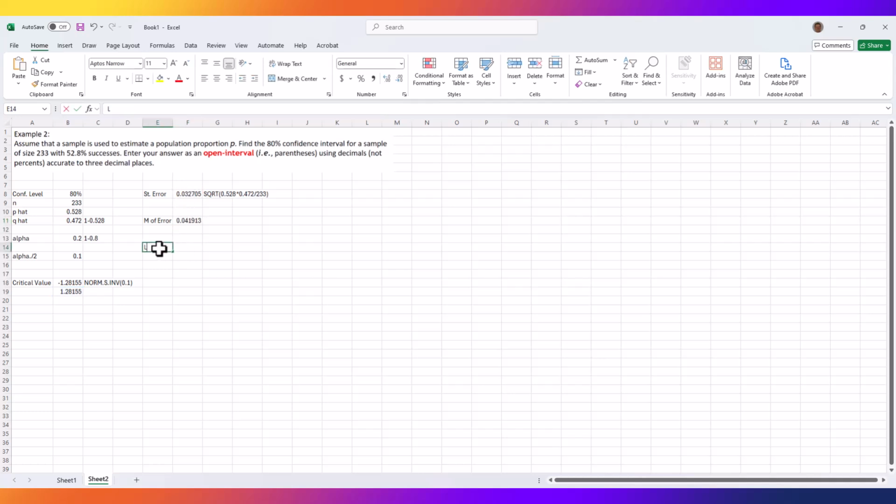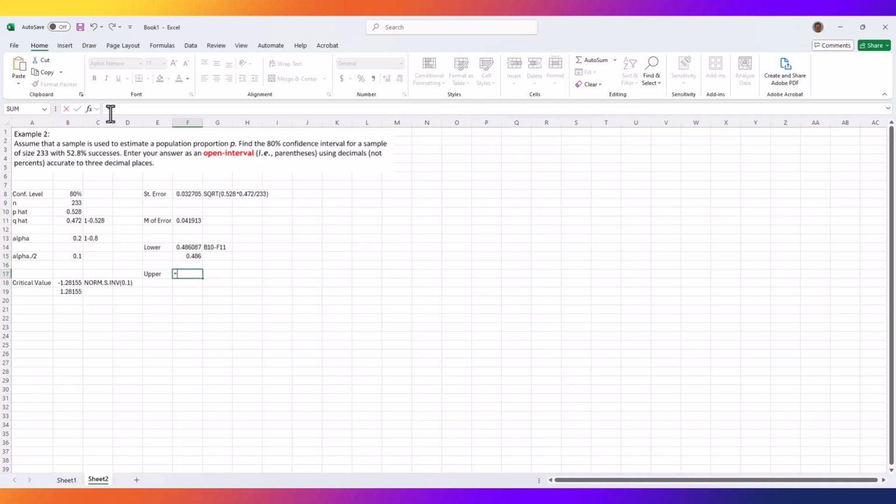And again, we use this to find the lower and upper bounds for our confidence interval. And the lower bound, we take P hat and we subtract our margin of error. We're supposed to round to 3 decimal places. 0.4860, so that 6 is going to stay.